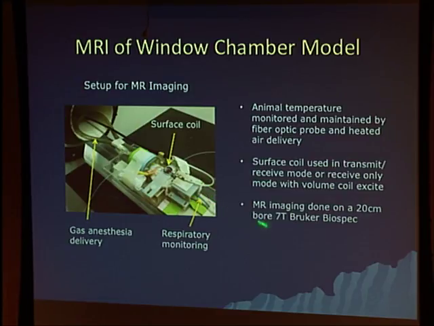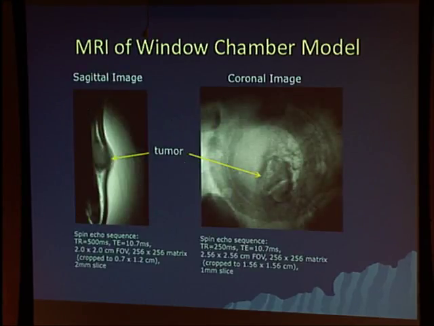There's gas anesthesia. There's various respiratory monitoring, temperature monitoring. A lot of things have to go on to be able to keep an animal alive and warm and happy in the magnet. But you can do it, and when you do it, you get very nice images of tumors. So this is a cross-sectional view, sagittal view.